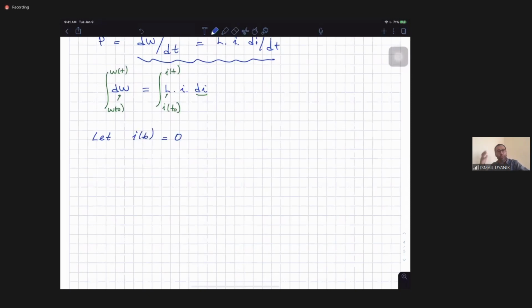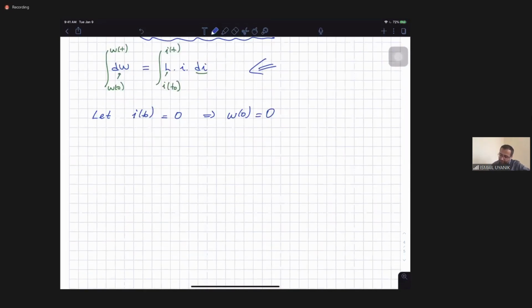So there is no initial current in this inductor, which means that if there is no initial current, there cannot be any energy, so omega 0 will also be 0. This is just an assumption for this case, but of course, this formulation will allow us to solve this for a non-zero initial condition as well, so that is not a big problem for us.